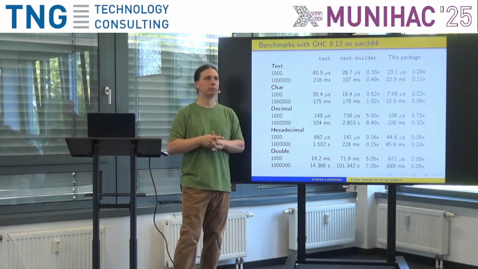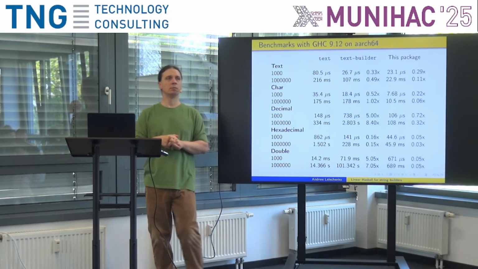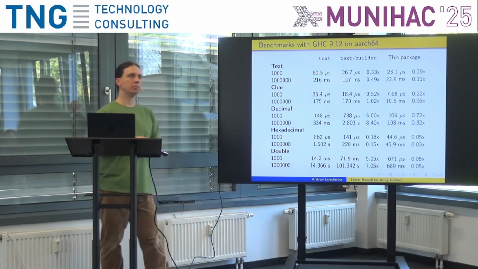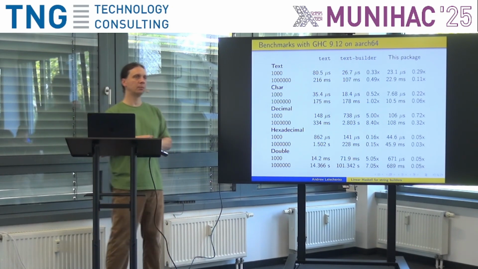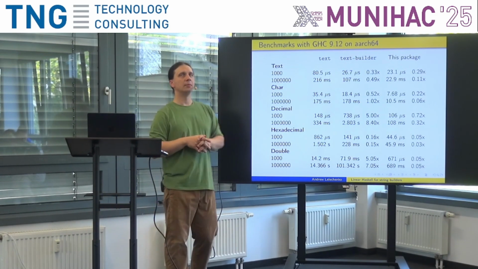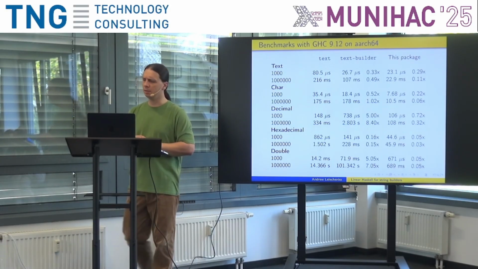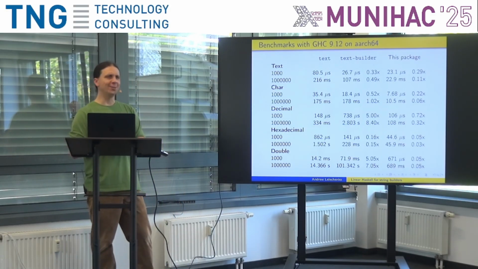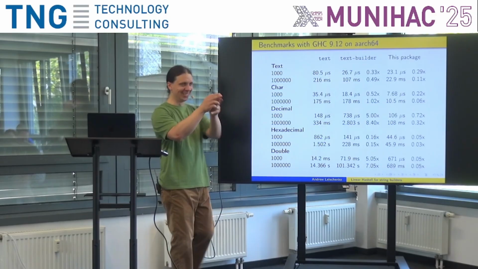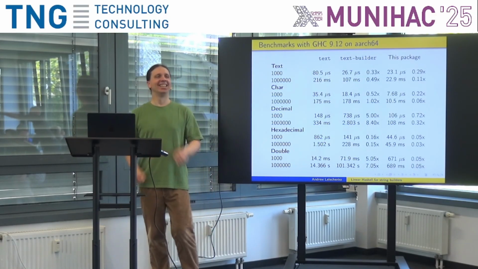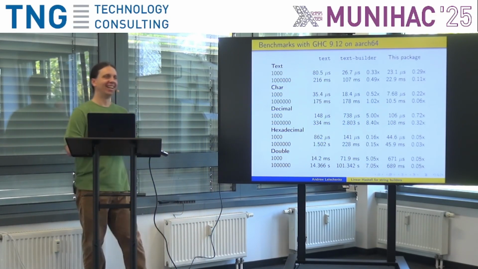So I was wondering if you're using this somewhere already, and if yes, then where, and if you can say. I think I saw a couple of packages using this interface on Hackage. I haven't used it myself. Yeah, actually, I do use it.